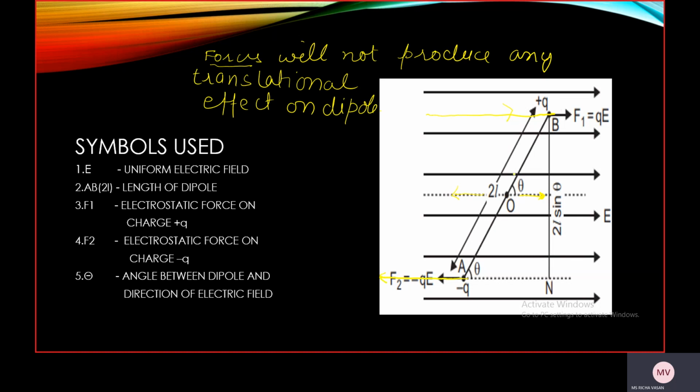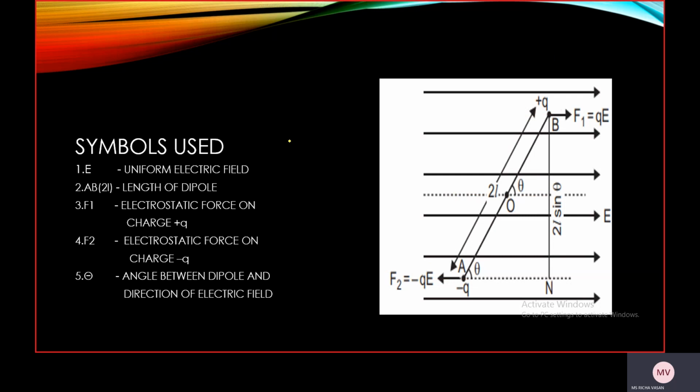So these two forces will make a couple. When do we get a couple? When the forces are equal and opposite to each other, but their lines of action are totally different, not the same.